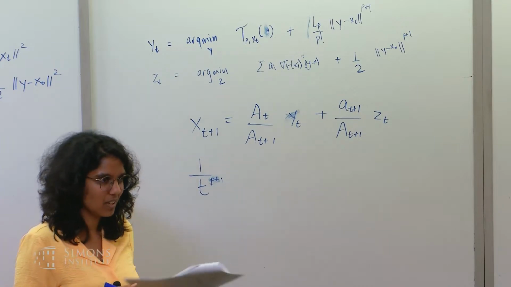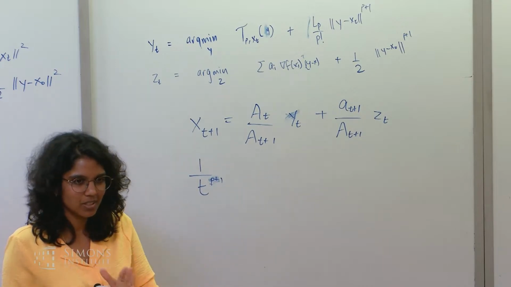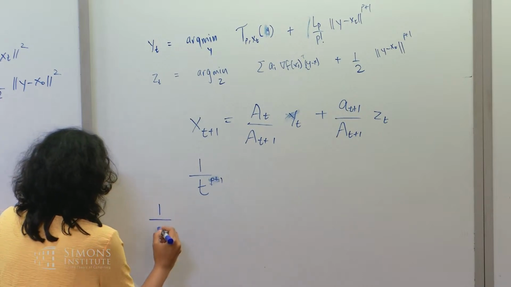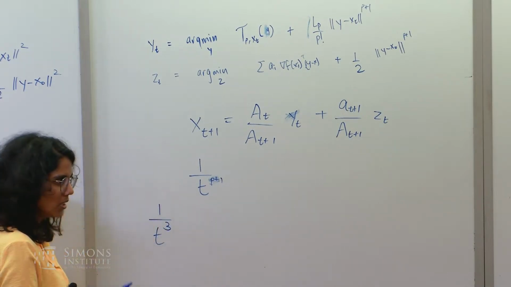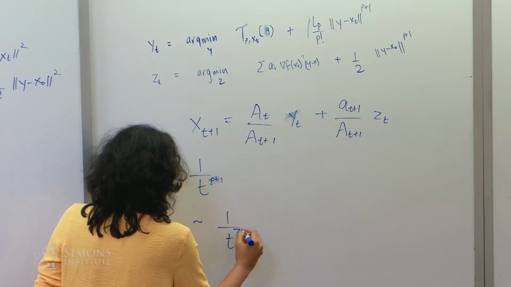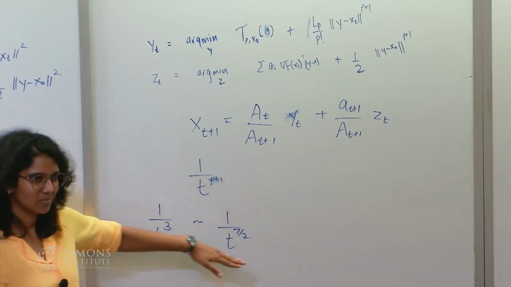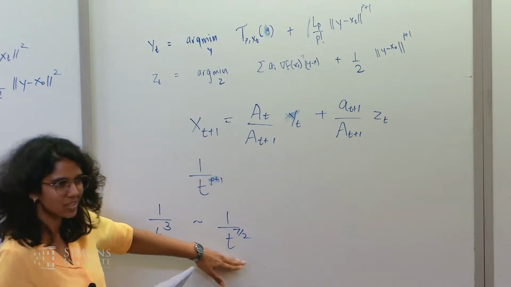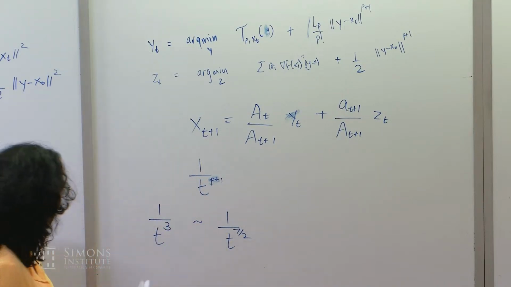So the accelerated cubic Newton gave us something that's 1 by t cubed, and what these people gave was 1 by t to the 7 by 2, which is slightly better, and this is optimal actually.